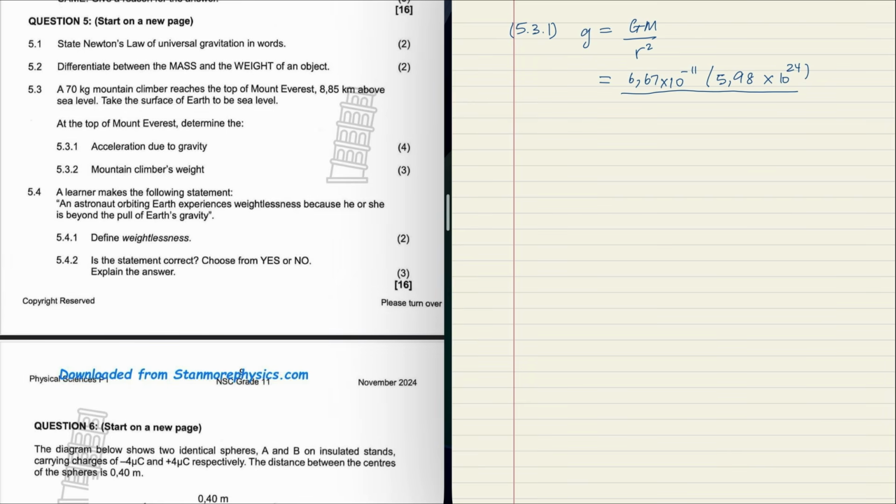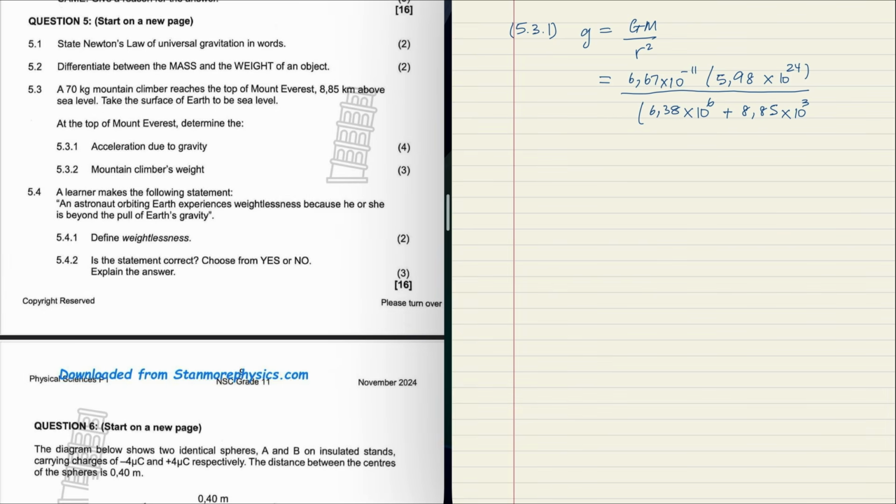And that's divided by the radius. The radius of the earth is 6,38 times 10 to the power 6. And we are adding now, because they are above the sea, 8,85 times 10 to the power 3.